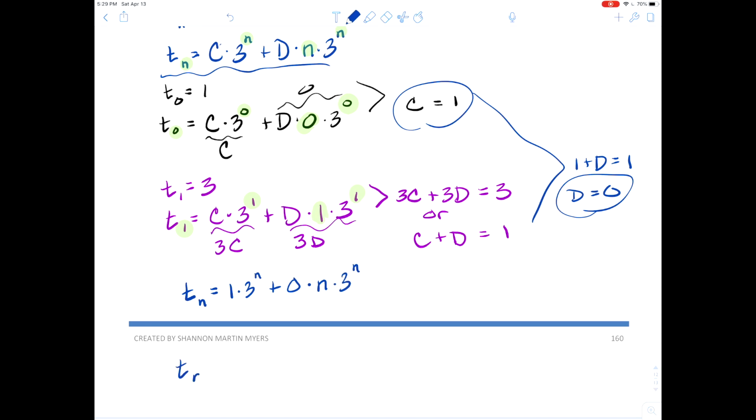So our t sub n is equal just to 3 to the n for all n belonging to the integers such that n is greater than or equal to 0. Cool, cool?